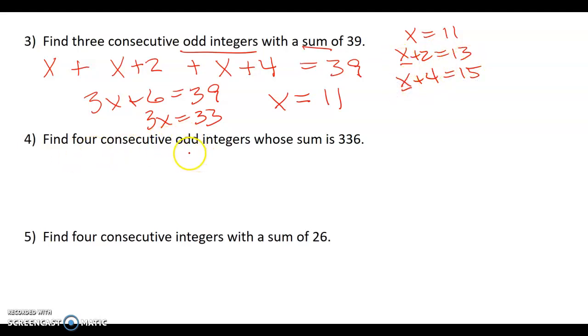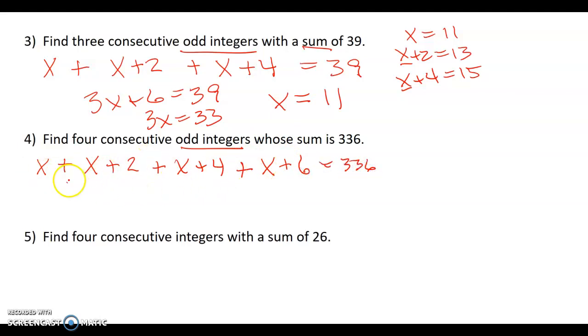Find 4 consecutive odds. So instead of 3, we're looking for 4. So we're going to have the same pattern as above, but we're just going to add 1 more to it. So we're going to have our first x. We're going to add 1 more to that, which is 6 away from our original number. And we've summed it to 336. So we have 4 x's here because we're looking for 4 values.